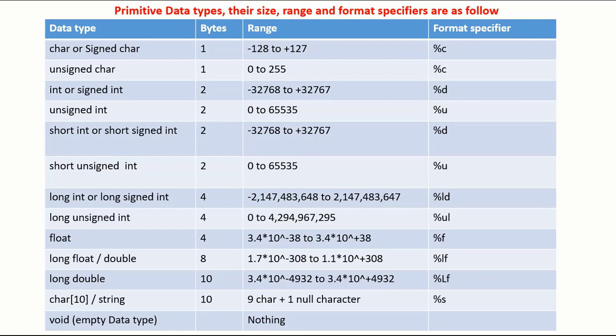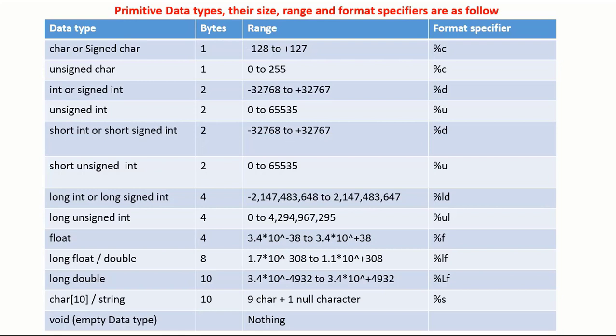So character, or we can say signed character, unsigned character, integer or signed integer, unsigned integer, short integer, short signed integer, short unsigned integer, long integer, long signed integer, long unsigned integer, float, long float, double, long double, array of character, nothing but string, and void, nothing but empty data type.